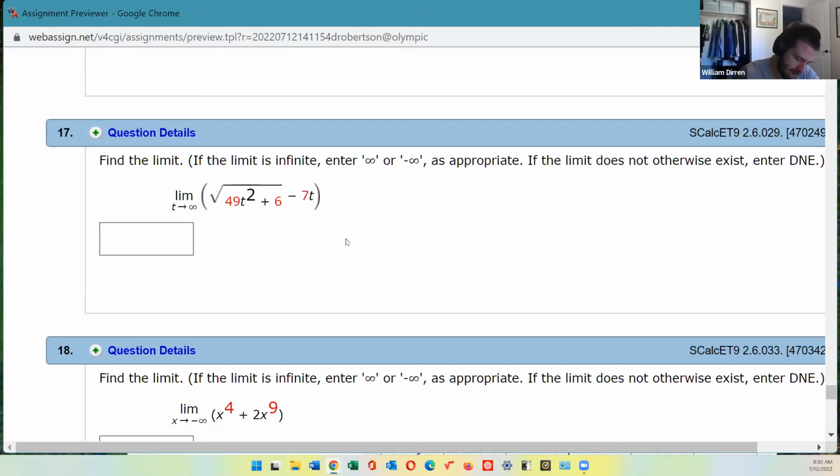So you are going to multiply this expression, top and bottom, by the square root of 49t squared plus 6, add 7t. Top and bottom. And when you do that, some miraculous algebra happens, and you'll be able to come up with the answer. And the answer ends up, I believe, being 0, but you'll check it.